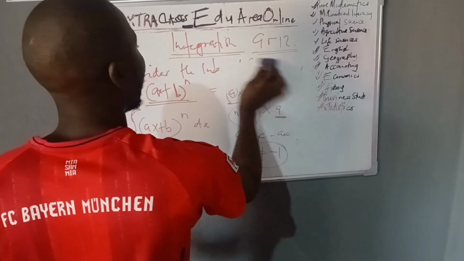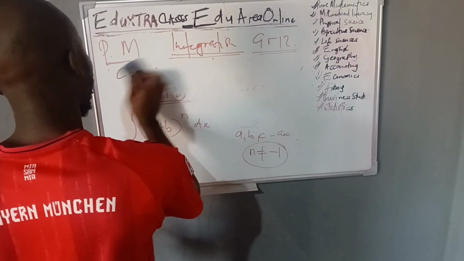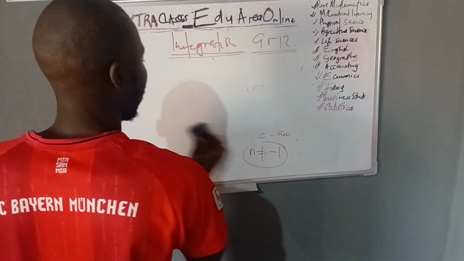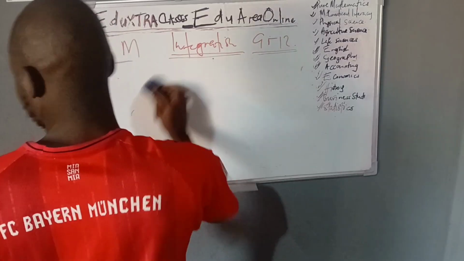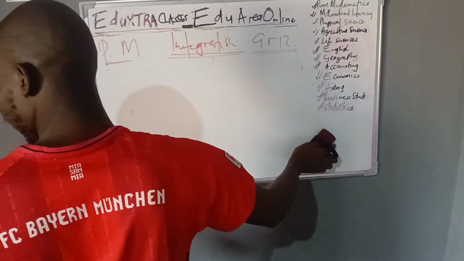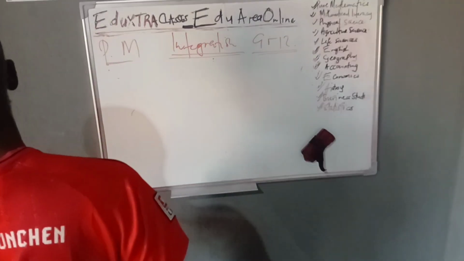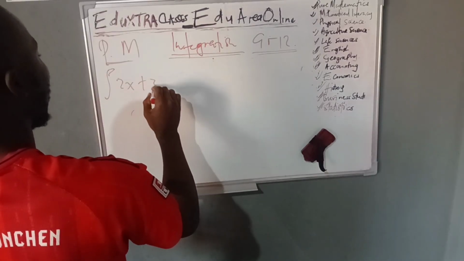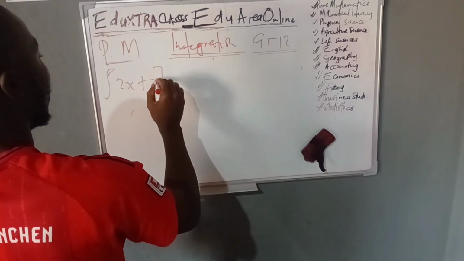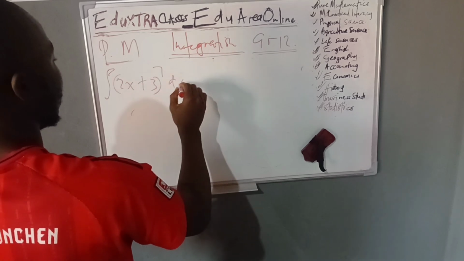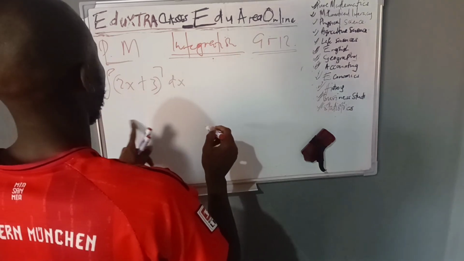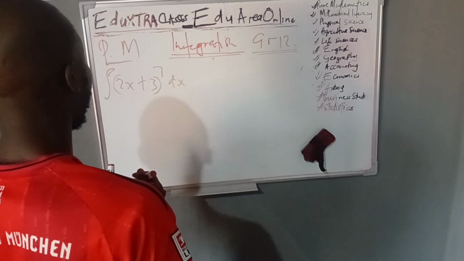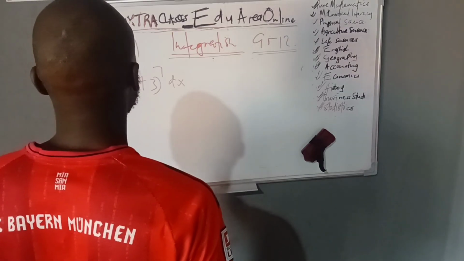Let me look for an example that we can use for our integration. Let's consider the integral of 2x plus 3 to the power 7 dx. So we have this nature of the integral as an example.